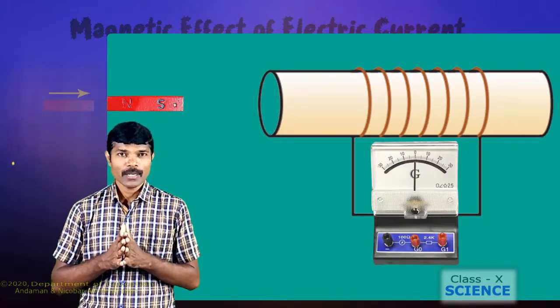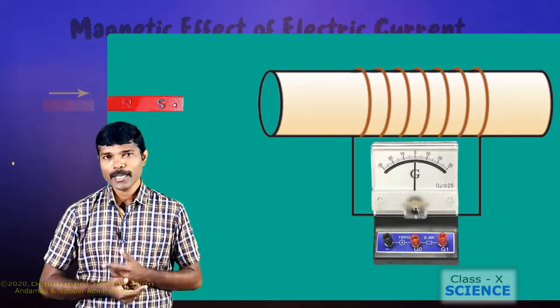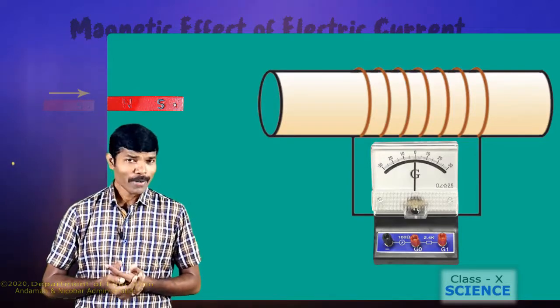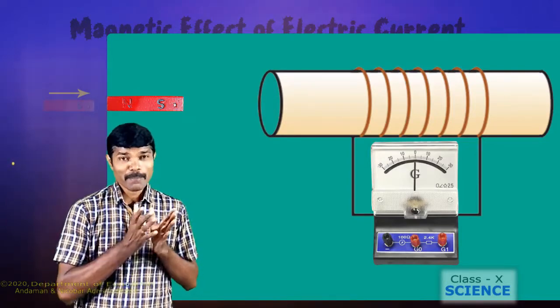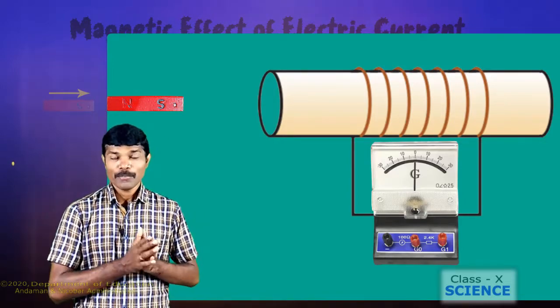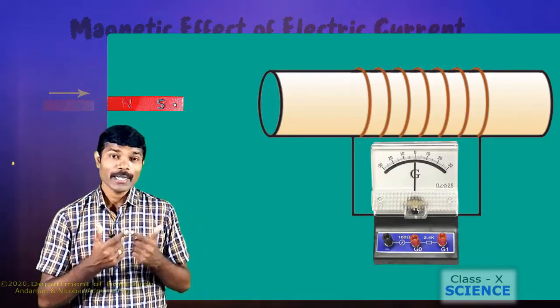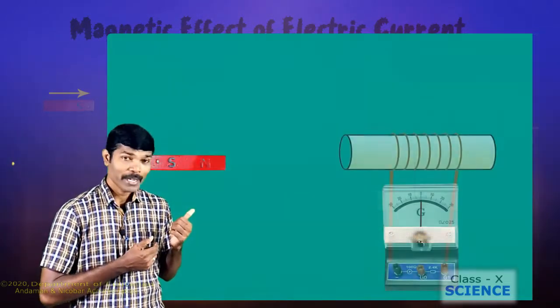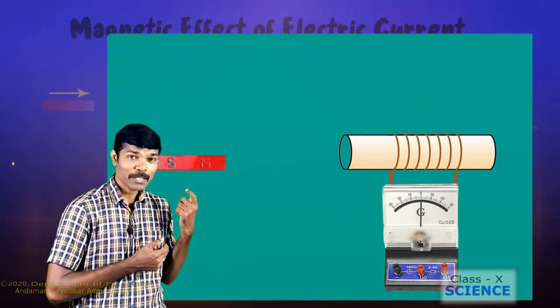So far we have seen that induced current is produced in the circuit when a magnet is moved around the conductor. What will happen if we keep the magnetic field stationary, that is, in a constant position, and we move the conductor in the magnetic field? Look very carefully: here the magnet is at a fixed position.